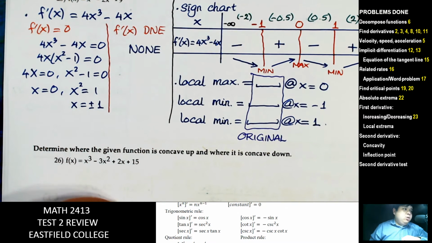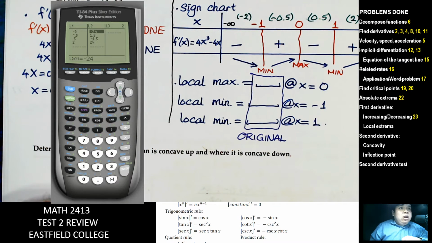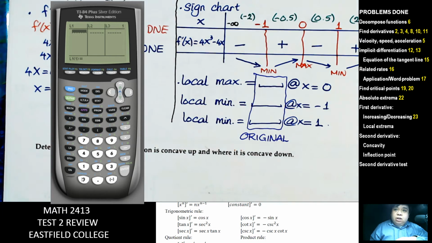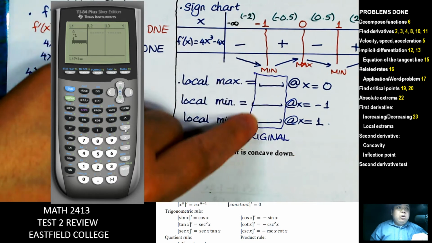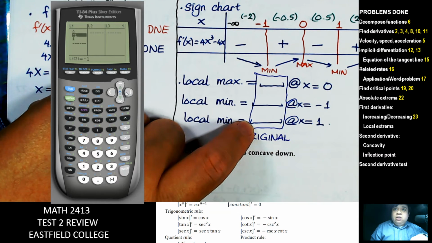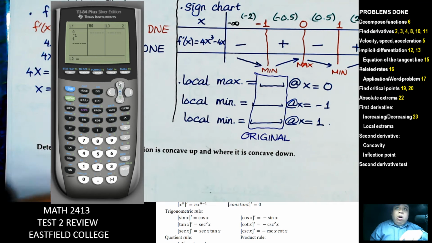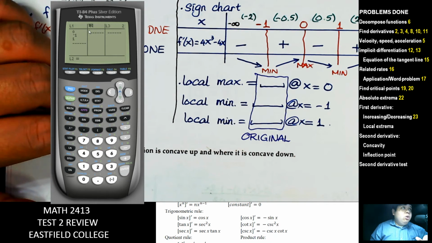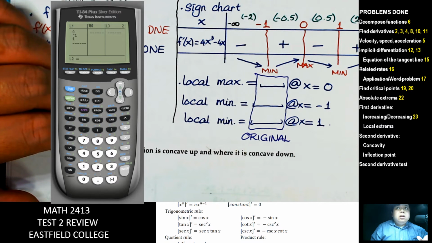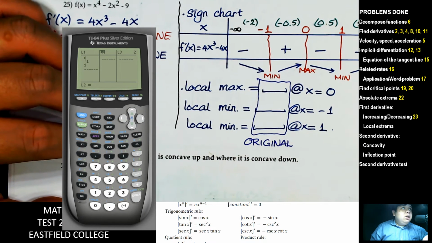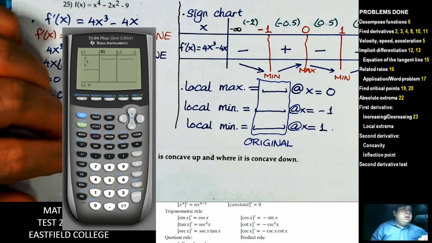Back to the calculator. Now let's clear the list. Clear, and clear, and now we evaluate at those values 0, negative 1, and 1. We want to find the values in the original function. While L2 is highlighted, the original function is x to the 4th minus 2x squared minus 9.